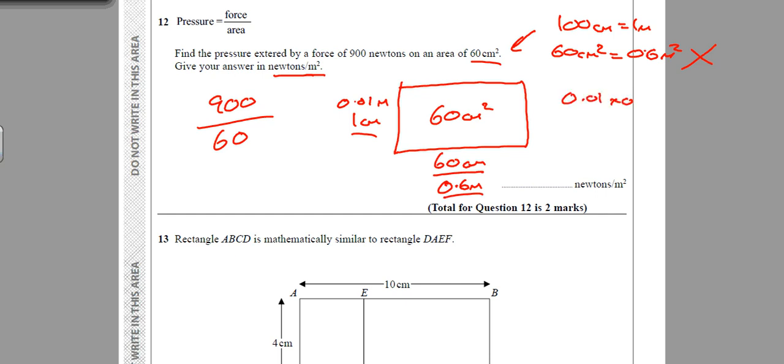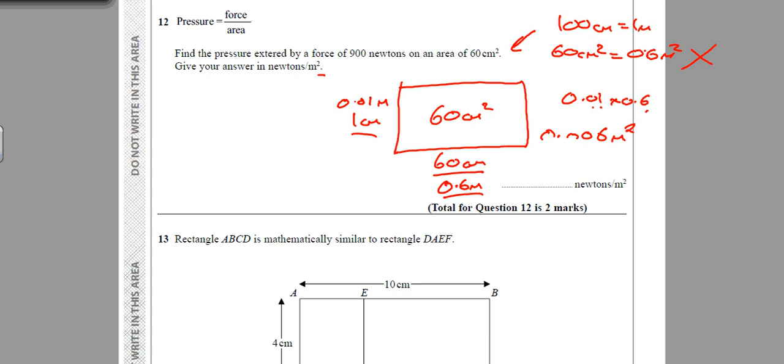0.01 times by 0.6. 1 times 6 is 6 with 1, 2, 3 decimal places. So 0.006 meters squared is going to be that there. So, going back to this question, 60 centimeters squared equals 0.006 meters squared.